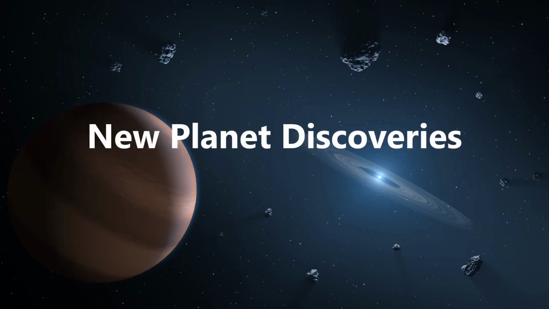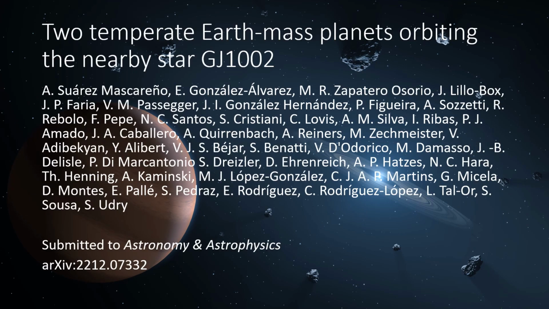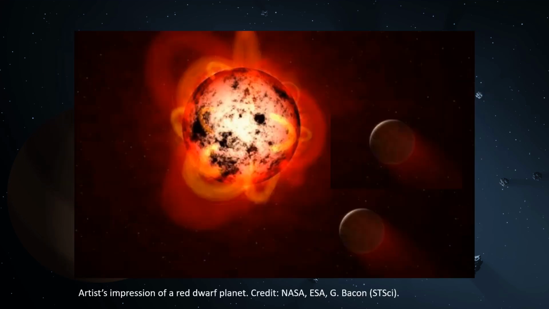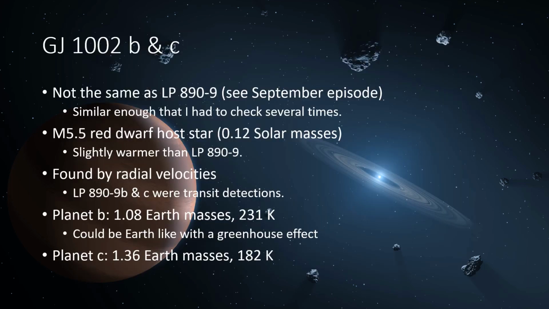One interesting new planetary system from December, and this one actually confused me a little bit. This is GJ1002, or 1002, two temperate Earth mass planets. And if this photoshopped image looks familiar to you, it's because I covered a very similar paper in September on the star LP890-9.